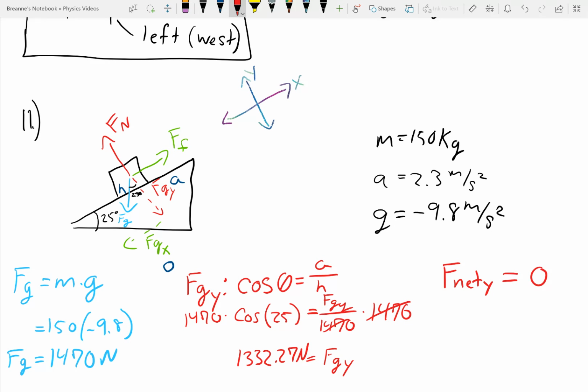No, it's not moving in the y direction. So the key thing is, if it's not moving in the y direction, you know that your forces have to be equal. Everything going up has got to equal everything going down. So you know that your force normal equals that.